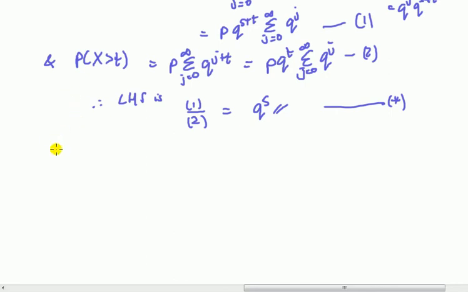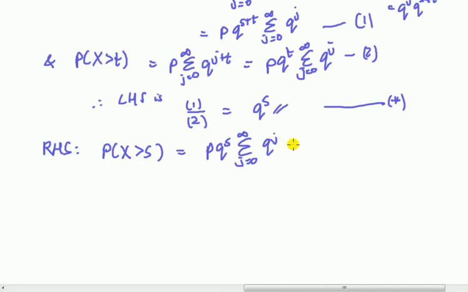But we've done all the hard work, because now the right hand side is in a similar fashion. Right hand side we want probability x is bigger than s. Just looking at the pattern, it's the same thing, so it's just p q^s, sum from j equal to 0 to infinity q^j, which I want to come to q^s, so now I do make the substitution.